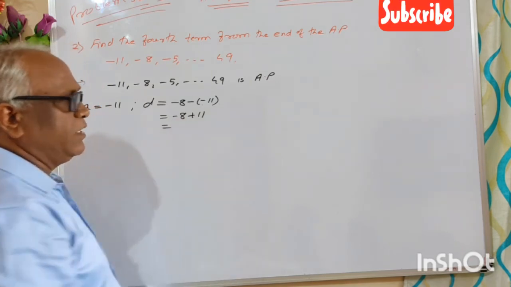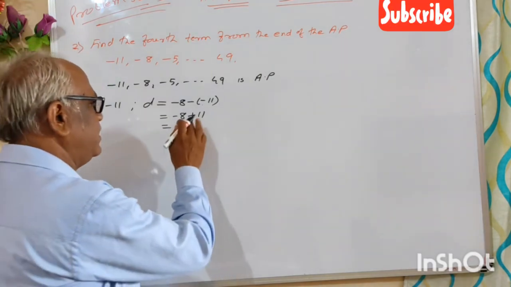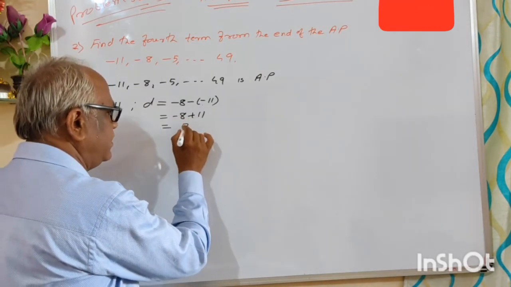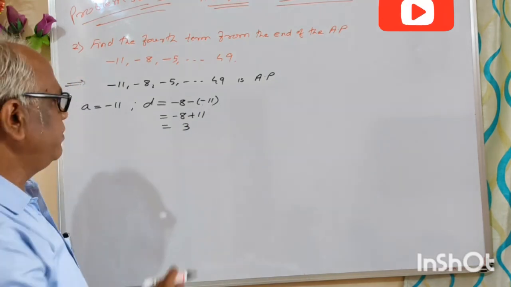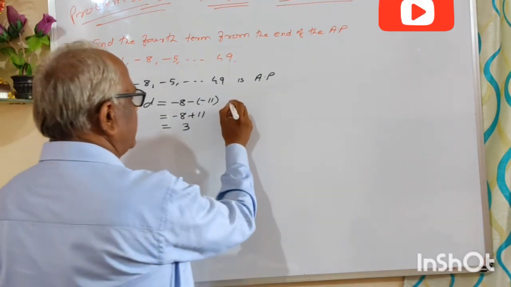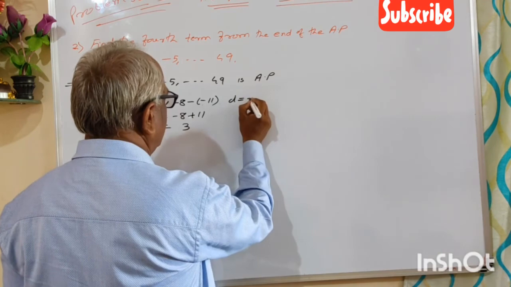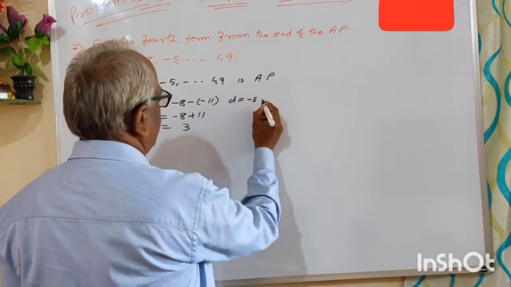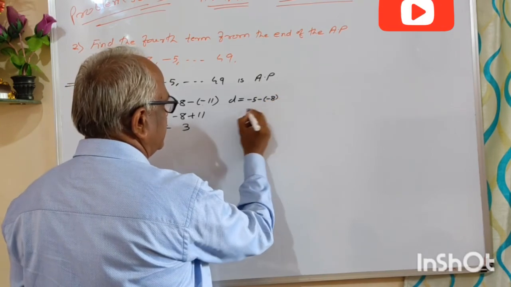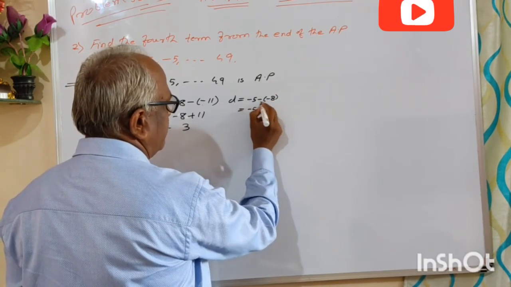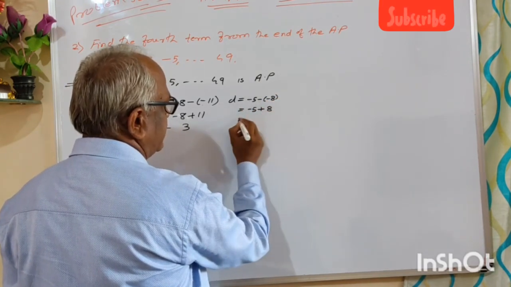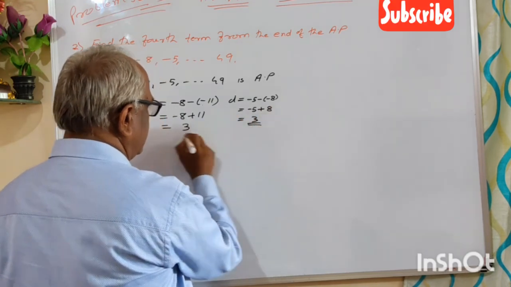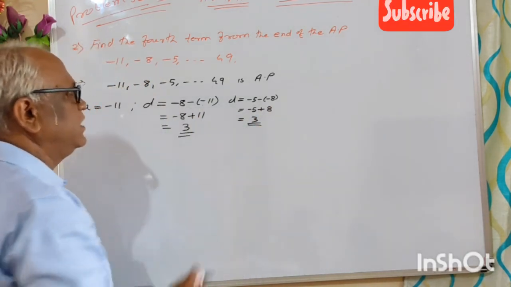Subtract here and keep the greater number's sign. After subtracting 11 minus 8, that is 3. The greater number is 11, so plus sign. You can check it with the other one: d is equal to minus 5 minus, minus 8, which is equal to minus 5 plus 8, which is equal to 3. That means the common difference d is 3.